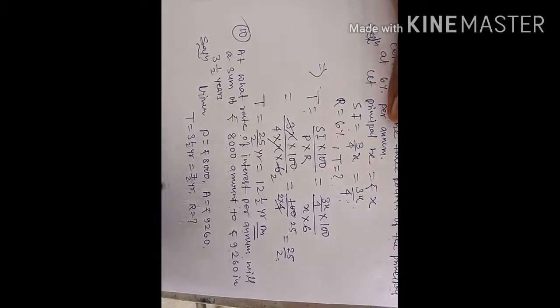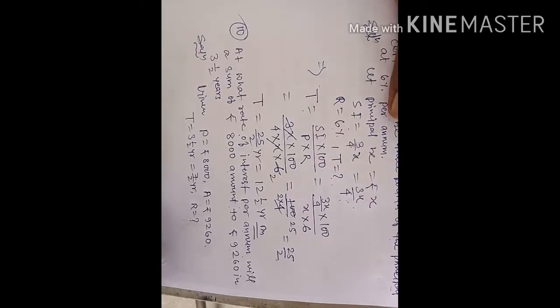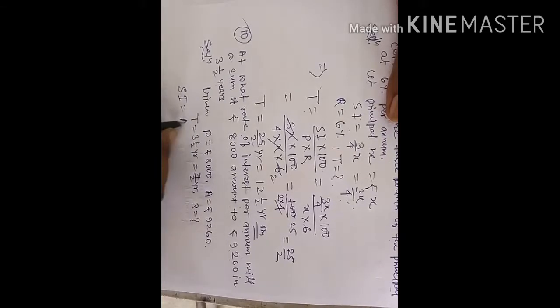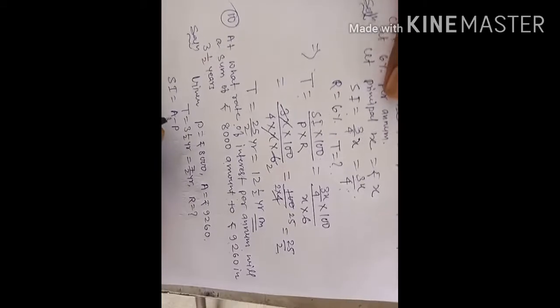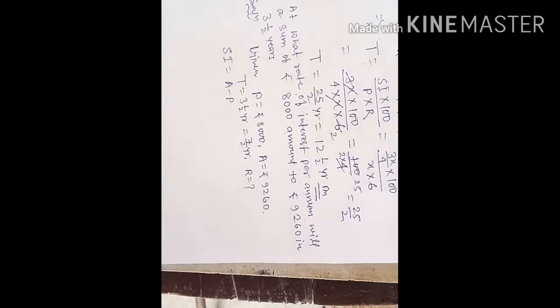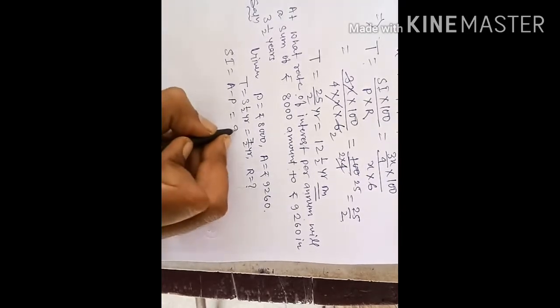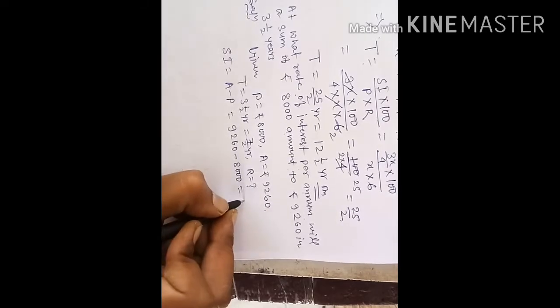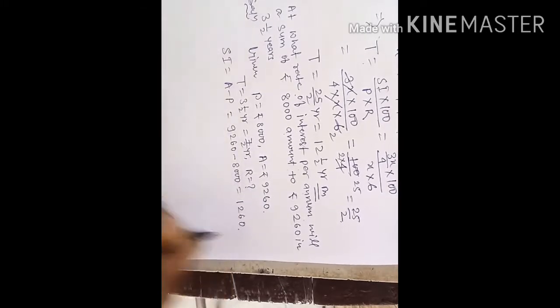To find rate of interest we need SI. So SI is equal to amount minus principal, that is 9,260 minus 8,000, then we get 1,260.